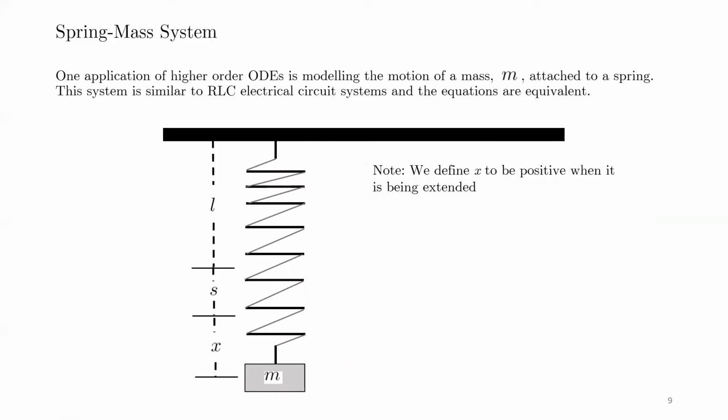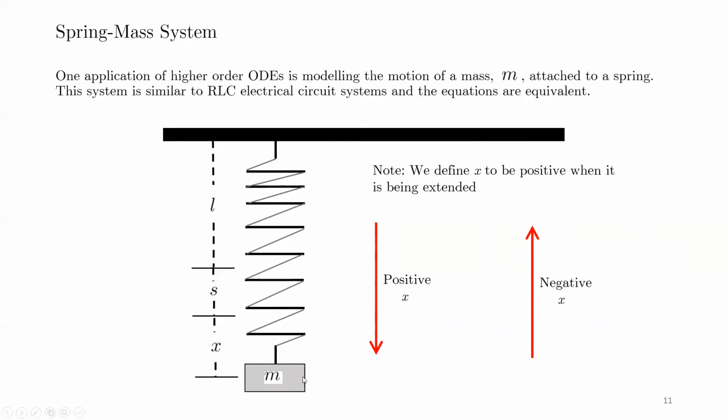So basically, X is positive moving down here, because we're extending the spring, we're making it longer. If you did this the other way around, and you defined X to be positive going up, then you'd get similar equations just with a sign change. But the point is, in this system here, X is an extension, so it's positive when we're extending the spring, it's negative when we're compressing the spring.